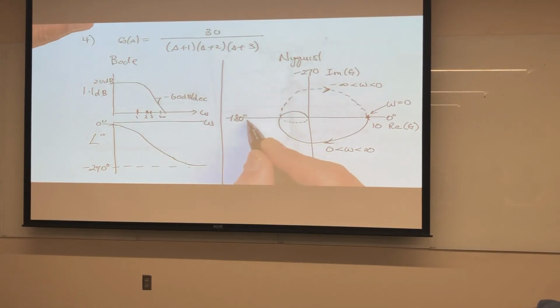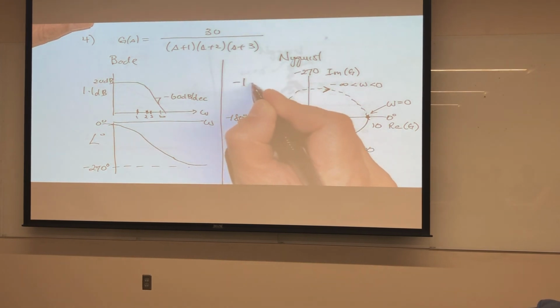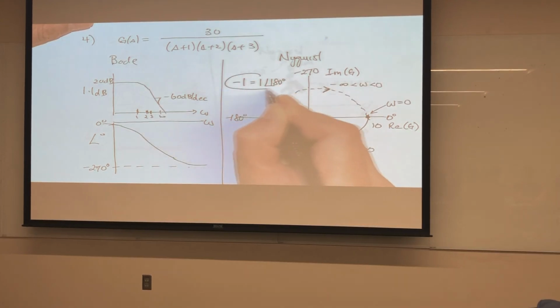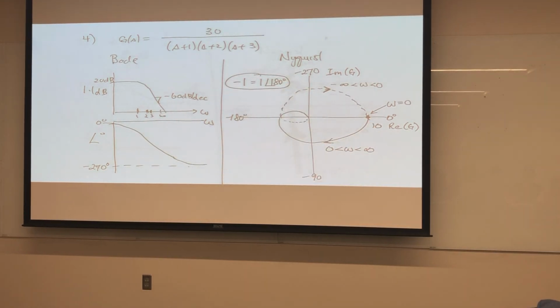Minus 1 is going to be at some point out here on this axis. Minus 1 is 1 at an angle of 180 degrees. This is a special point in system analysis, and we're going to learn about this on Monday. Because it's an important point, most programs that do the Nyquist plot are going to highlight it for us, and MATLAB is going to do the same thing.